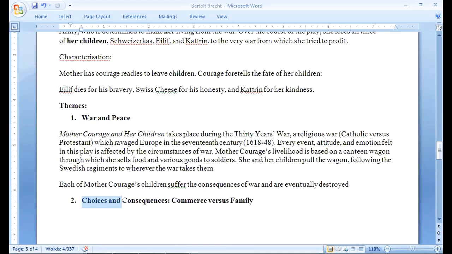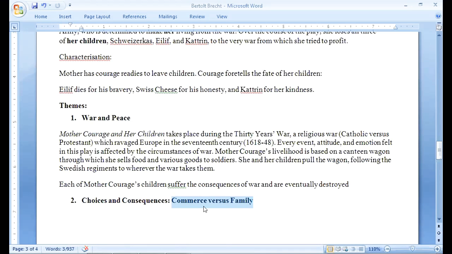Choice and consequences. Choice means you have to select one thing. Consequences. What is the result? Commerce versus family. Mother Courage has to select commerce.